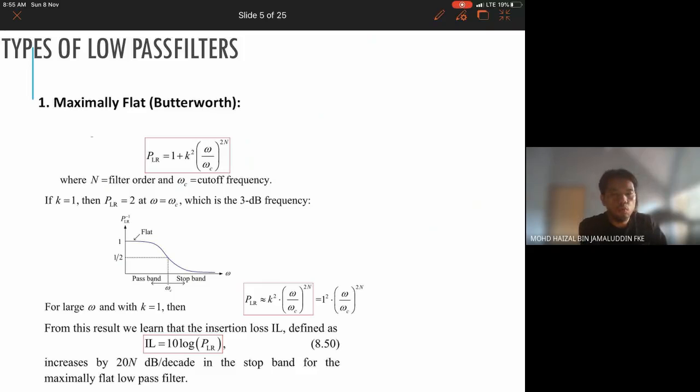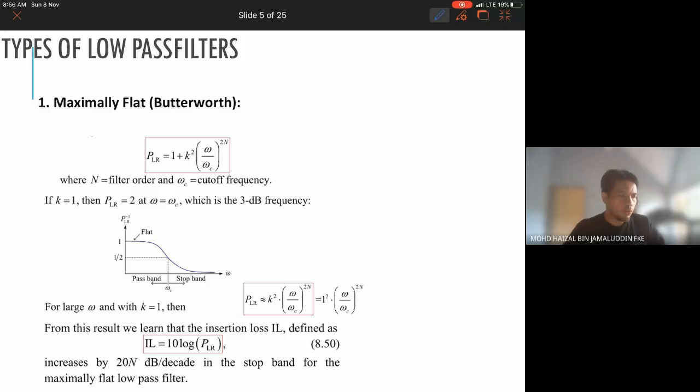Now, from that PLR, the power loss ratio, we analyze it using the low pass filter for maximally flat. Maximally flat, also known as the Butterworth type of filter, uses a power loss ratio equivalent to 1 plus k to the power of 2 times omega over omega c to the power of 2N, where N is the filter order and omega c is the cutoff frequency.